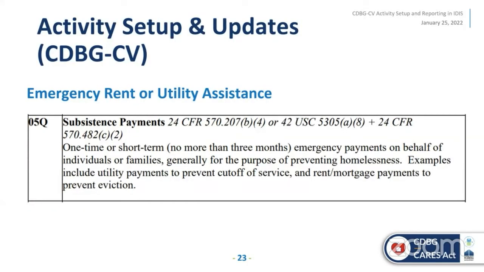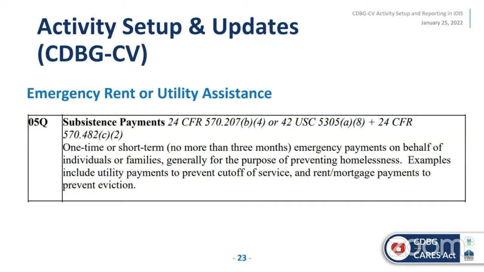And so one of the first notes that we have is that because of the waivers, right, the emergency rent assistance was extended from 3 months to 6 months as a maximum amount of time allowable. And that was under 05Q subsistence payments. This is one that I think grantees have had a lot of questions about.